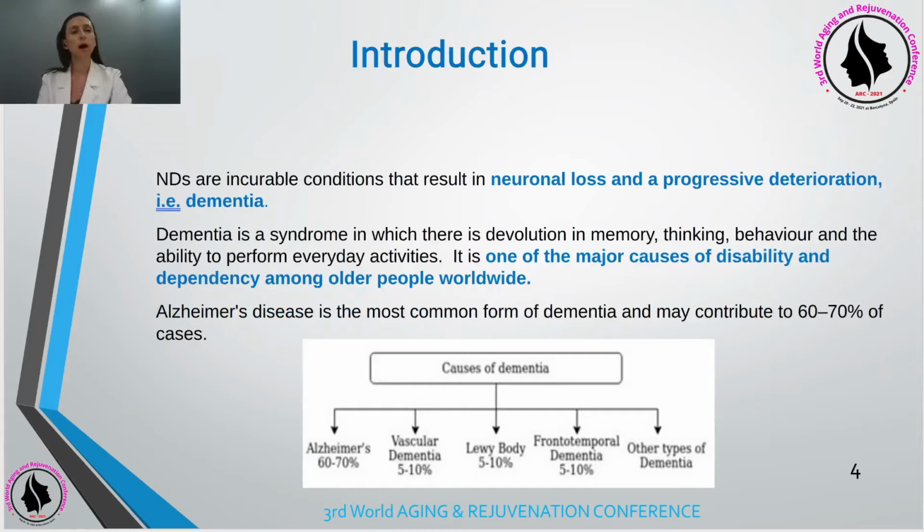Neurodegenerative disorders are incurable conditions that result in neuronal loss and progressive deterioration, that is dementia. Dementia is characterized by devolution in memory, judgment, thinking, orientation in the space, and ability to perform everyday tasks. It's one of the major causes of disability among older people worldwide, and Alzheimer's disease is the most common form of dementia.